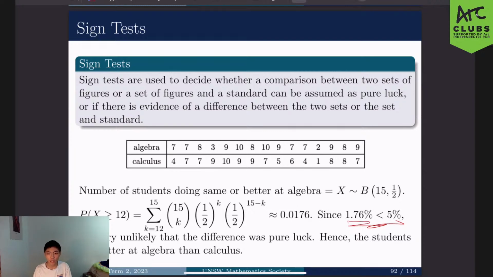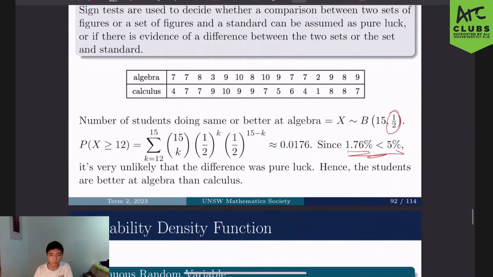So evidently there's some other factor. It's not just that today people decided to randomly say that they are equally as easy, and then somehow 1.76% occurred that everyone is doing better in algebra than calculus. That's not going to happen, right? So half is not going to be the equal probability for algebra and calculus.